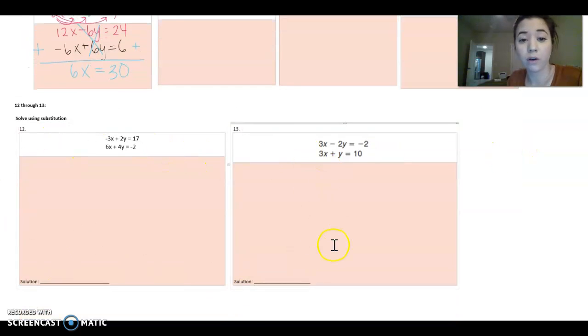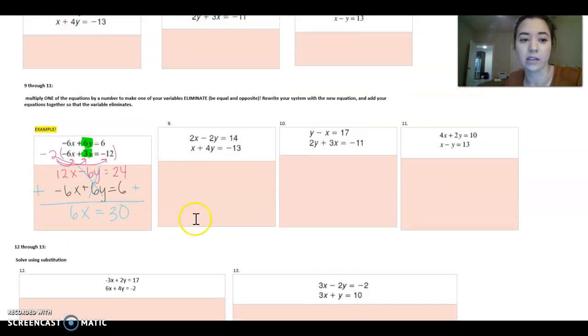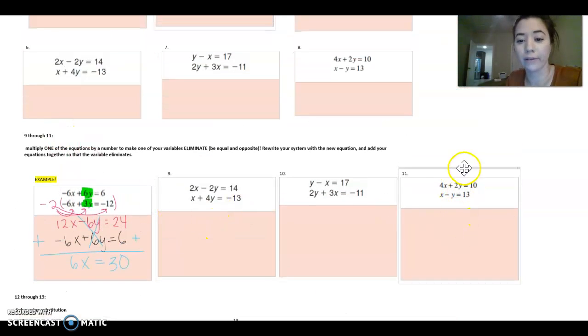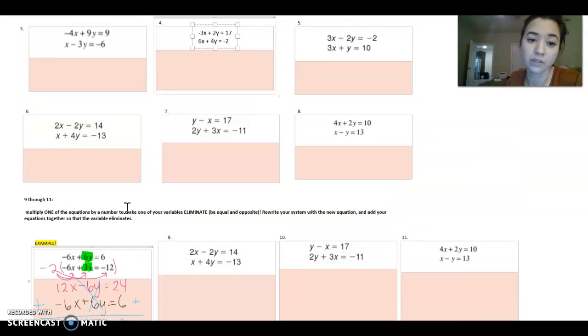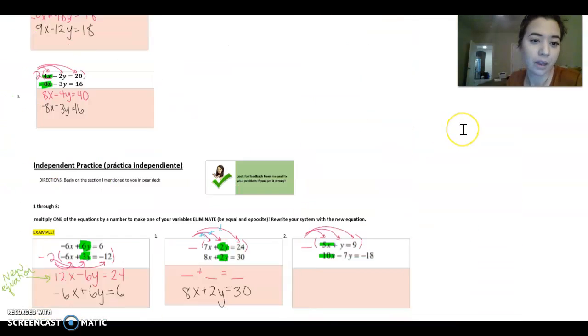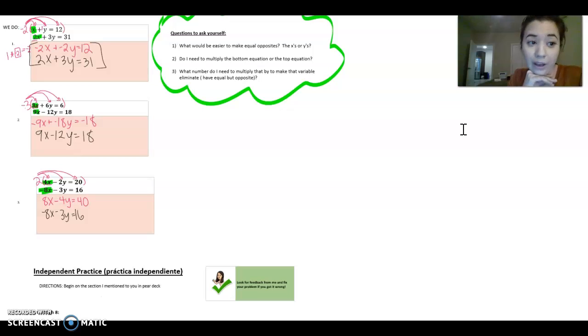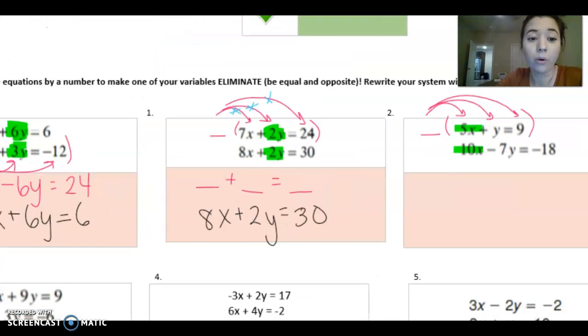If you can't do 12 and 13, that's okay. That is what the next lesson is for. So if you need to stop here at 11, you could do that, but I do want you to make it through 11. The only difference with these 3 down here is that after you do the multiplication, I then want you to add them and watch that specific variable eliminate. Okay, give it a shot. Again, if you need help, let me know.